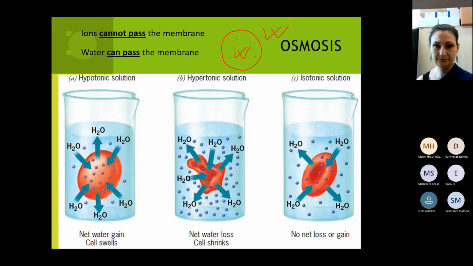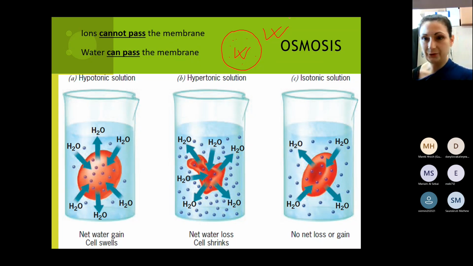What happens? Only water can go through. The water will go out of the cell into the surrounding liquid that has higher concentration. Yes, very good. And why? Because of osmosis, because the concentration gradient wants to stay the same. Yes, excellent. Thank you, Eva.